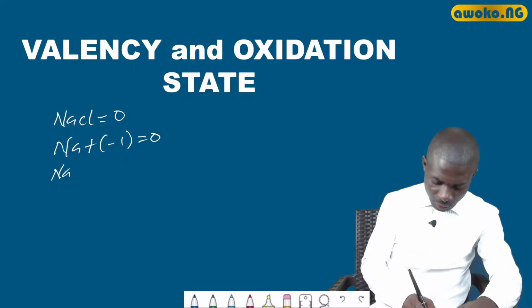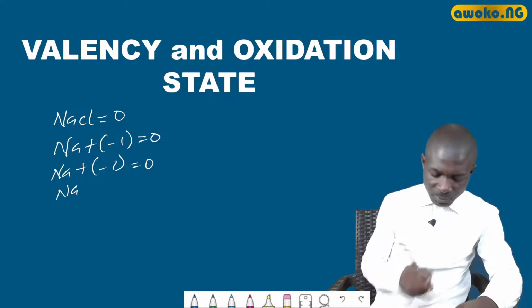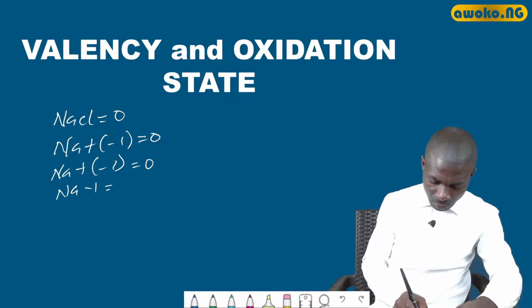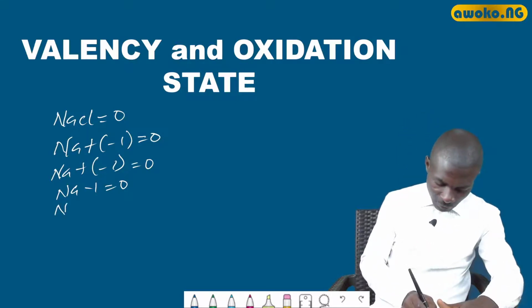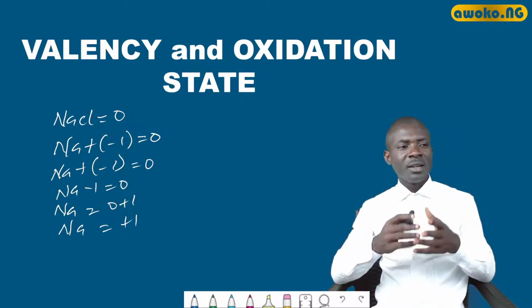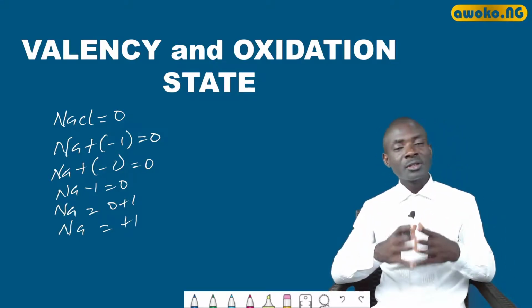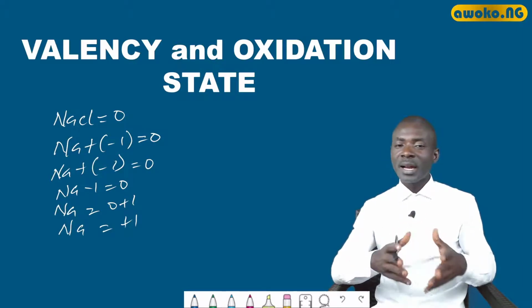So I have Na - 1 = 0. By collecting like terms, I have sodium is equal to 0 + 1. So Na is equal to +1, showing that the oxidation state of sodium in sodium chloride is +1. It is as simple as that.